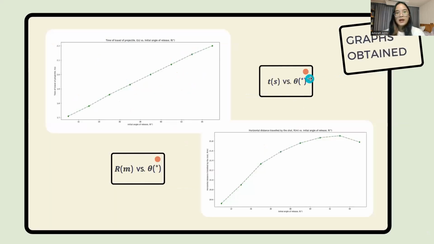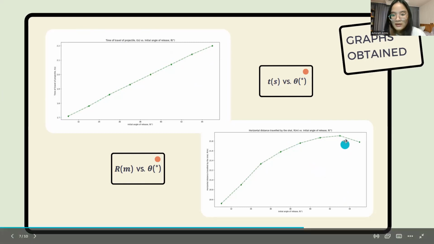So these are the graphs that I've attained. I've used Python to illustrate this. The first graph is the time of travel of the projectile versus the initial angle of release. As you can see, it is rising quite steadily. The second graph is the horizontal distance traveled by the shot versus the initial angle of release.